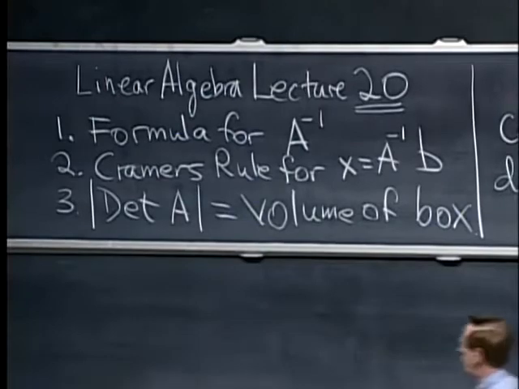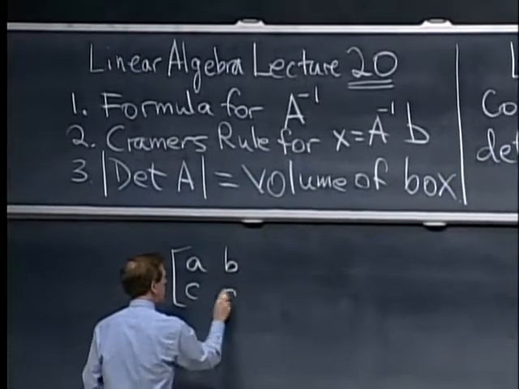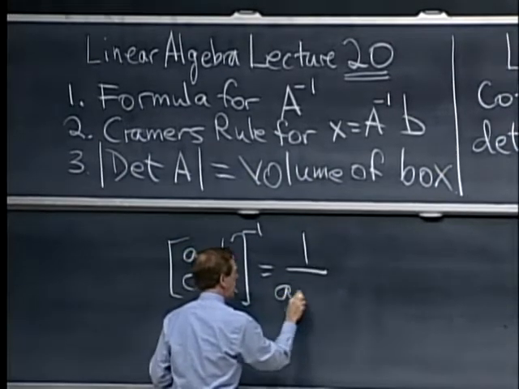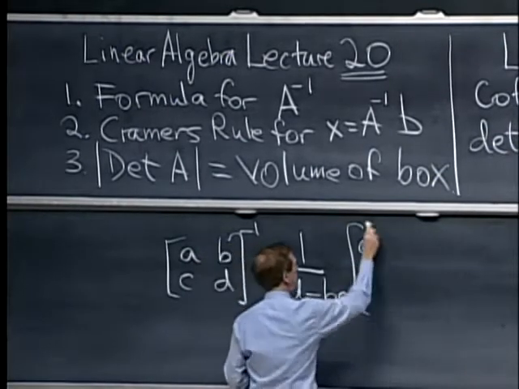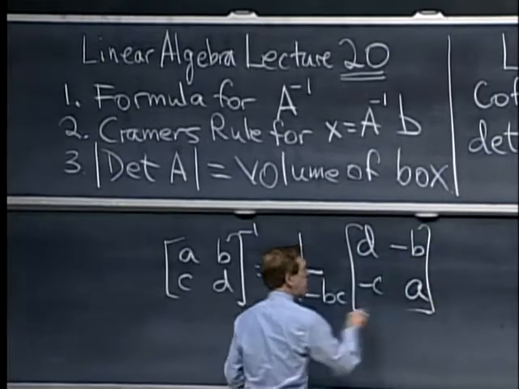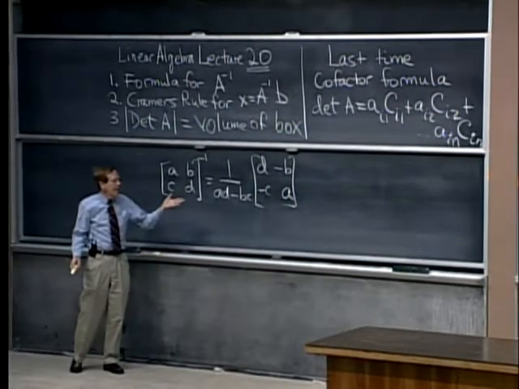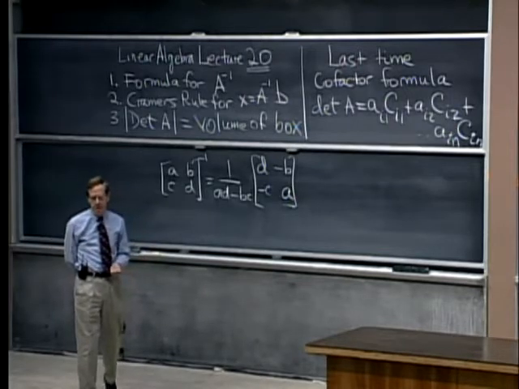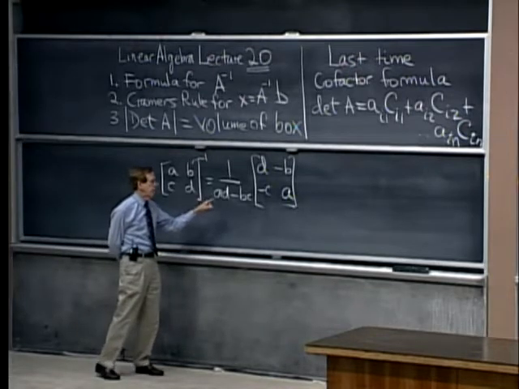The 2 by 2 formula for the inverse of A, B, C, D is 1 over the determinant times D, A, minus B, minus C. Somehow, I want to see what's going on for 3 by 3 and n by n. And actually, maybe you can see what's going on from this 2 by 2 case.